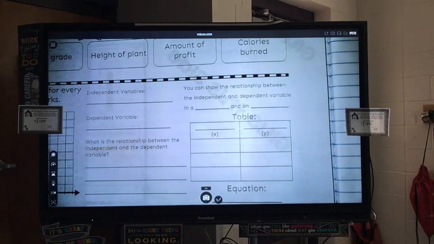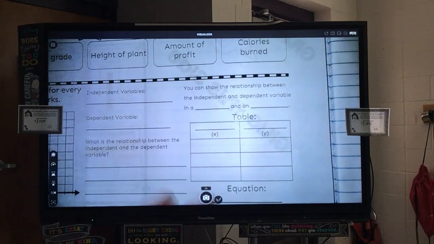Some sort of relations table. No, it's an input-output table. You input your X and your output is your Y, which should tell you that your Y is going to be your answer. Does that make sense?